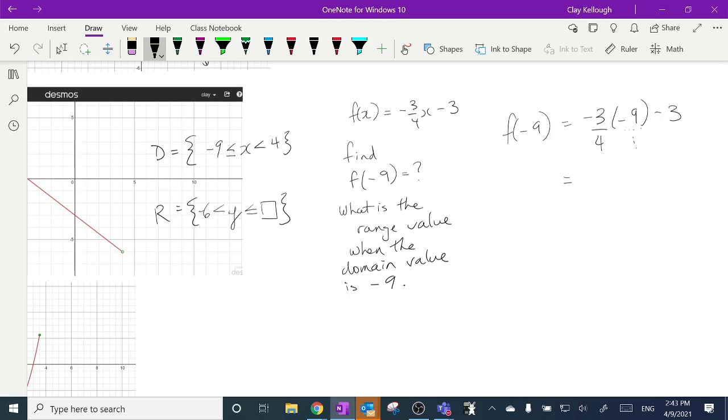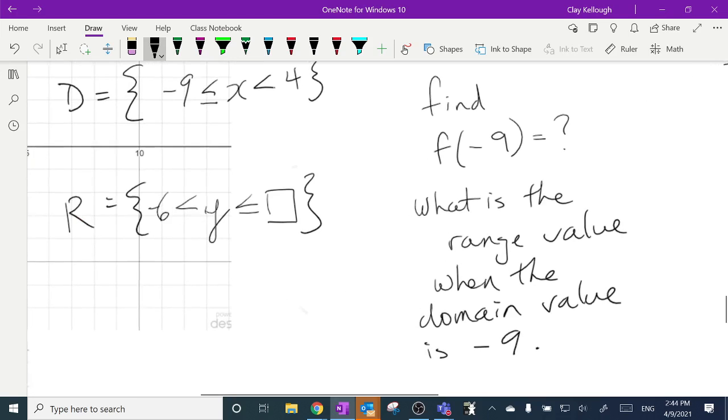That's my invisible 1 down there. -3 times -9 is 27. 4 times 1 is 4. I have to treat this 3 as having a 1 for a denominator. And what's the common denominator of 4 and 1? 4. So I have 27 fourths minus 12 fourths is equal to 15 fourths. So I'm happy with that. You could give me that answer. That'd be a perfectly good answer.